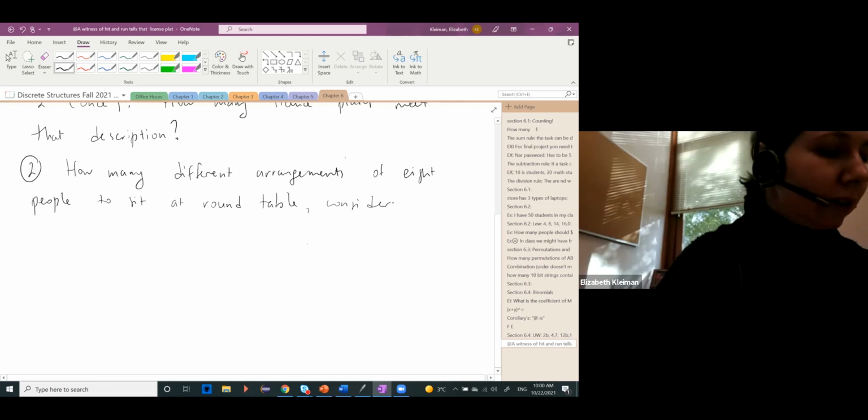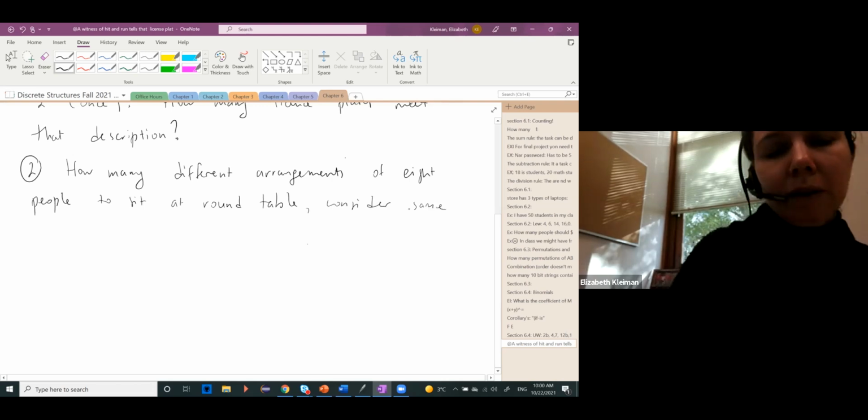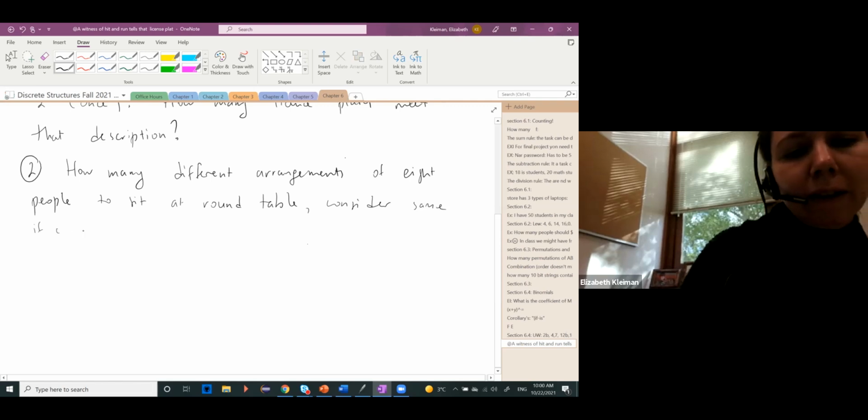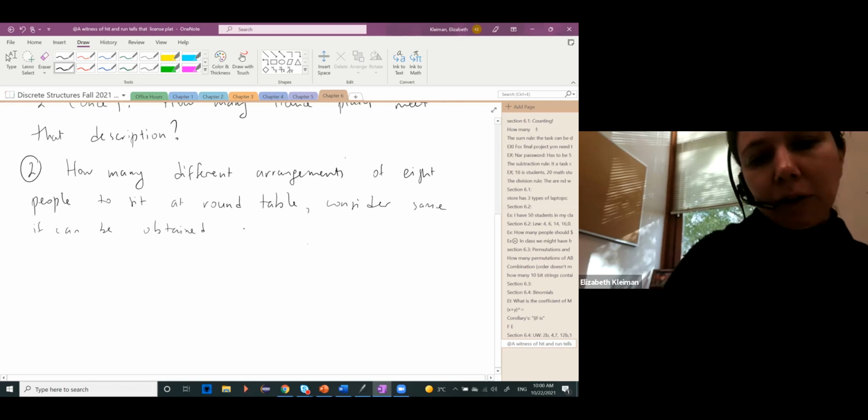Consider arrangements the same if they can be obtained by rotation.